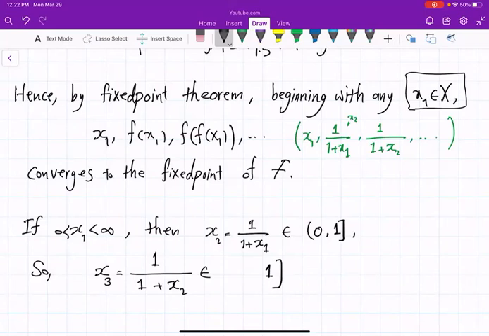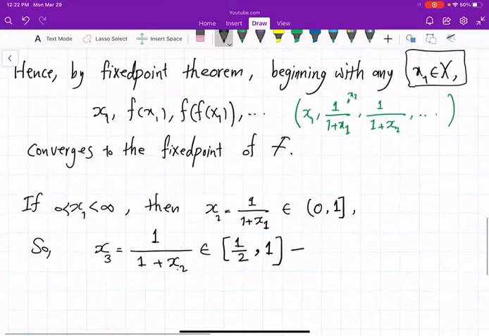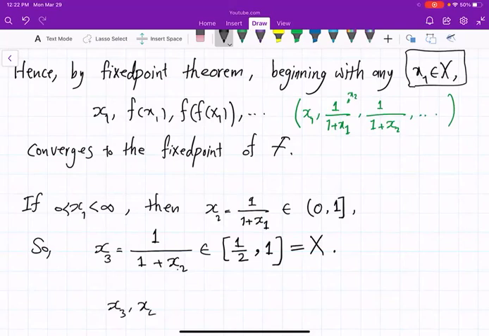That is when you plug in the largest for x2, and x2 can be as big as 1 but not bigger, so it becomes 1 over 1 plus 1, that is 1/2. And I'm generous, I include the endpoints, so it happens here. And now this is exactly your space X. What happens is that now x3, x4, x5, etc.